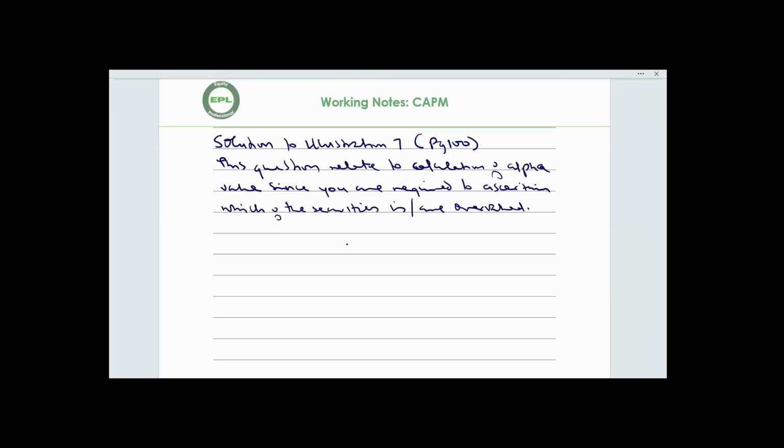Not only because of these requirements: anytime you are given expected return in a question, you should know that you are going to calculate alpha value. So it's not just because the examiner asks you to ascertain which security is or are overvalued.